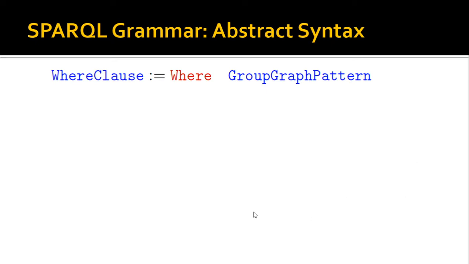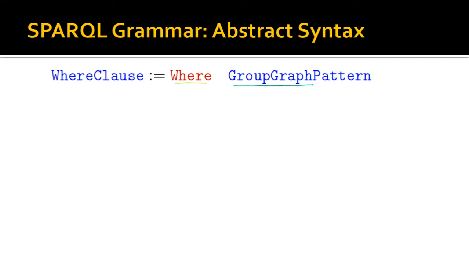If we have a very clear idea about that, then the other things will be straightforward to represent. In the where clause, we start with the keyword where, and that is followed by the group graph pattern.